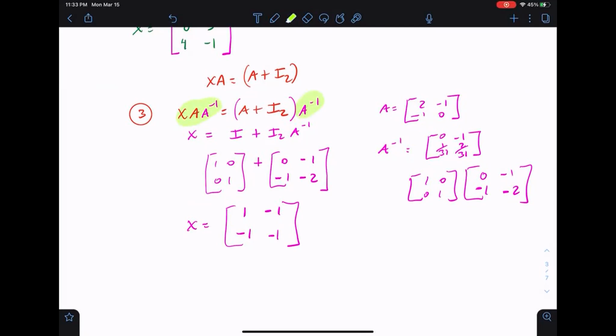Now you need to do the dot product. You need to find out what the identity of a 2 by 2 is, which you already know is this part right here, and then multiply that by A inverse. A inverse is the thing that we found, which is this.